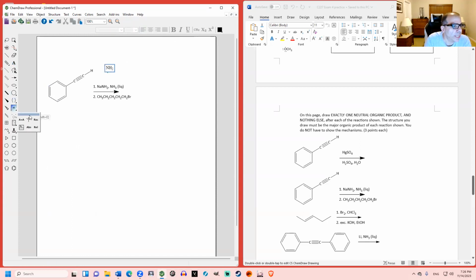So in class yesterday, at the end, we said that NH2 minus, which is the same thing as NaNH2, is a strong enough base to deprotonate a terminal alkyne.